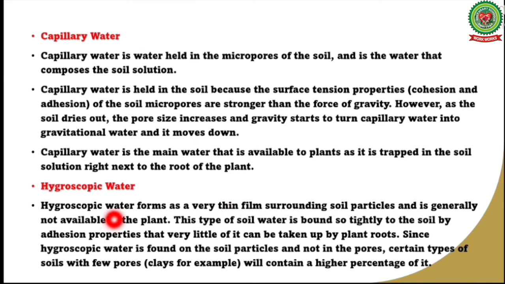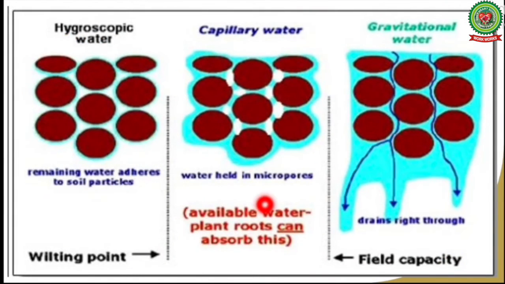Since hygroscopic water is found on the soil particles and not in the pores, certain types of soils with few pores, example clay, will contain a high percentage of it. In this image, we can see the three types of water: hygroscopic water, capillary water, and gravitational water.